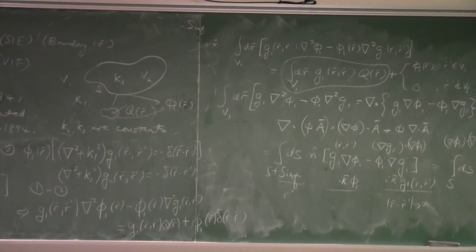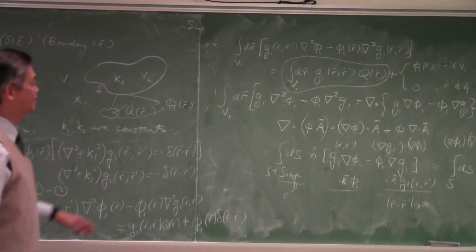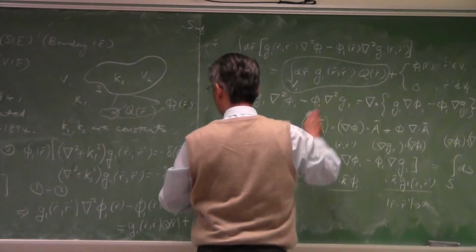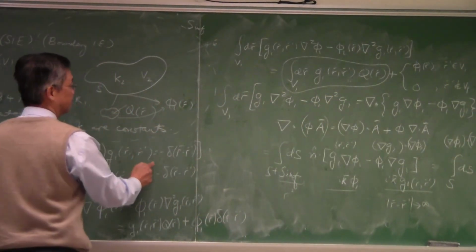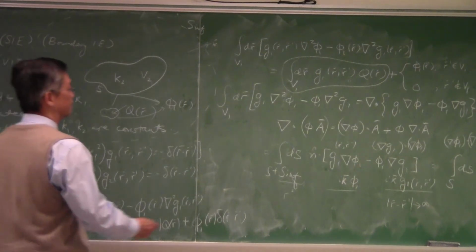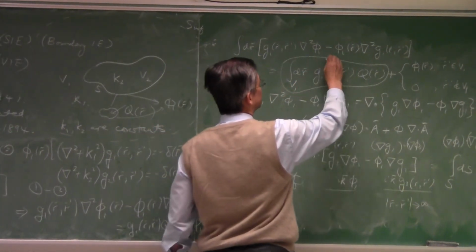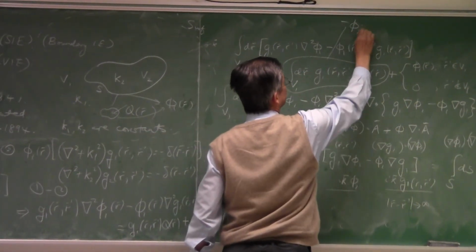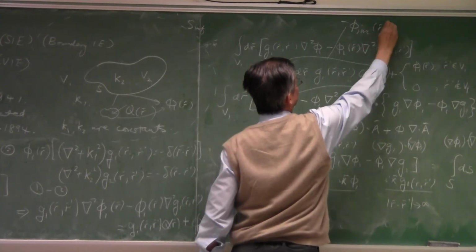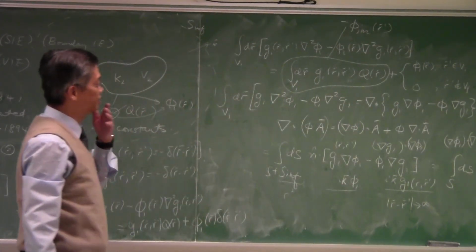Let me use the same notation. This is actually minus the incident field because of this minus sign over here. If this is the source, then this produces minus the incident field at the observation point r prime.